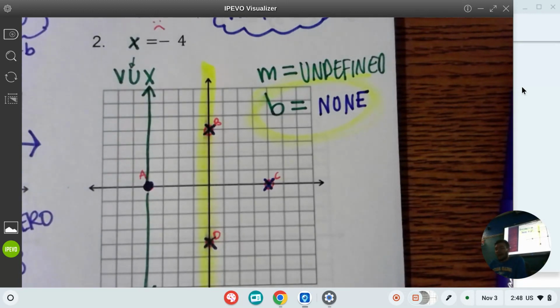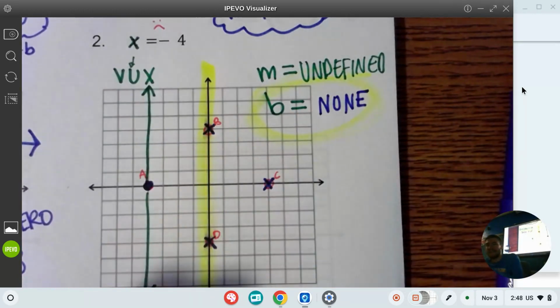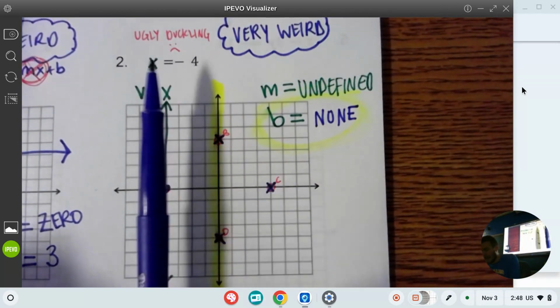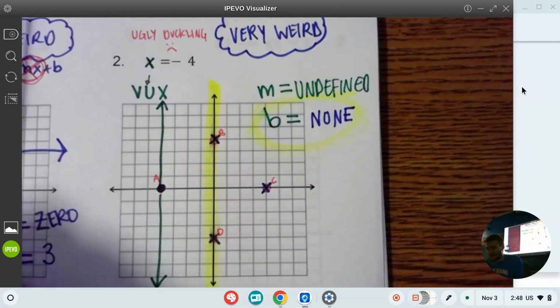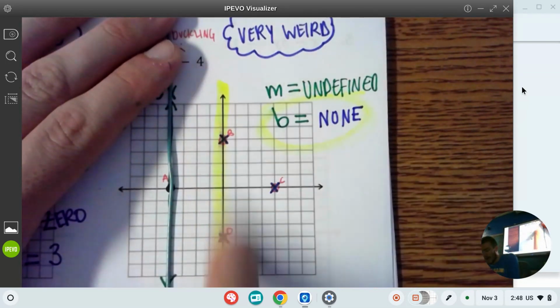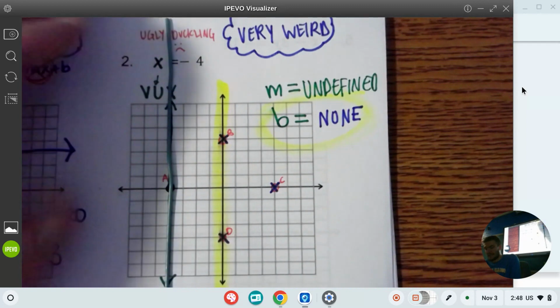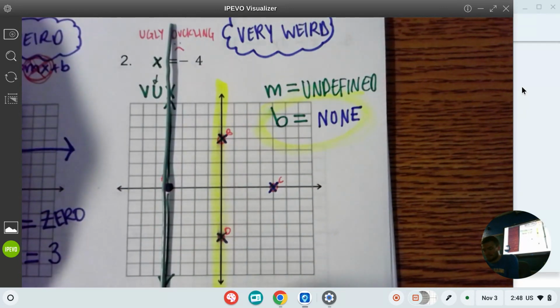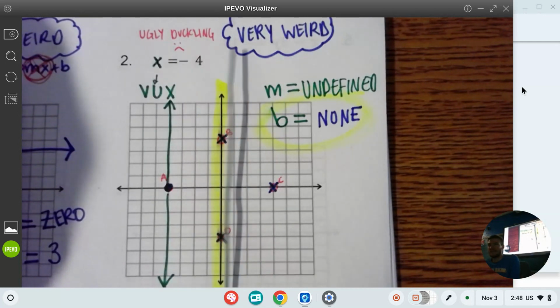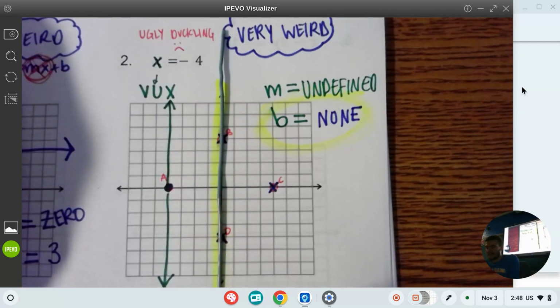Do we have a y-intercept? Looking at question number 2, does our green graph here ever actually touch the y-axis? This graph just simply does not touch the yellow line. The green never touches the yellow.